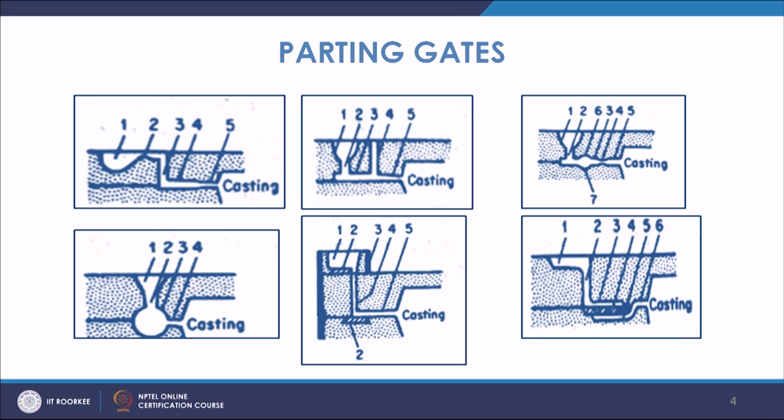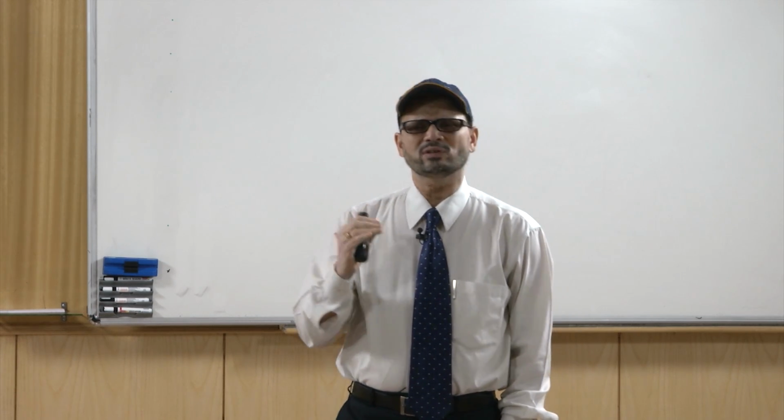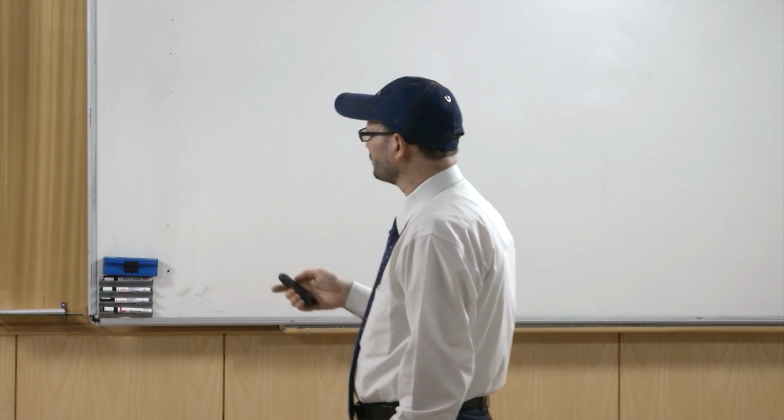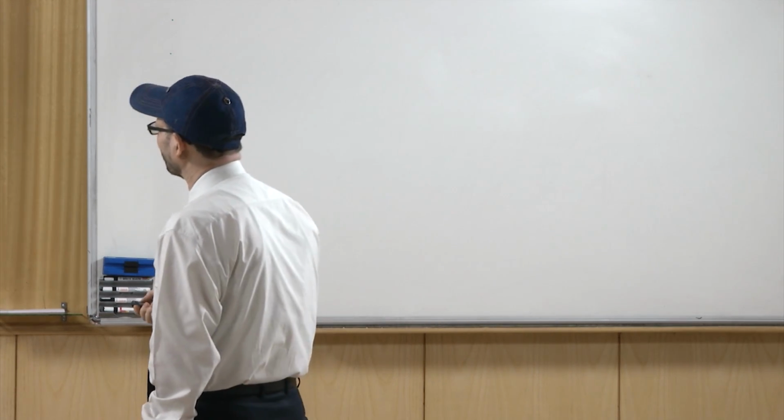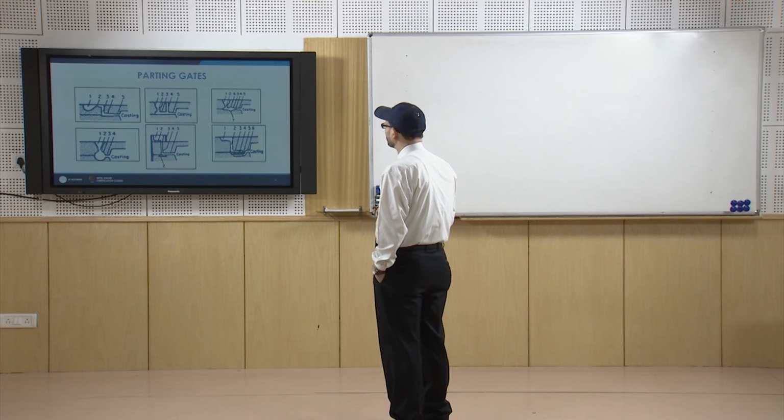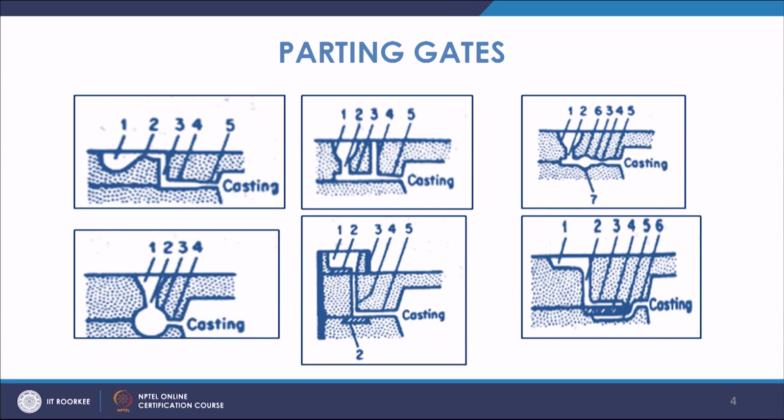You can also use these core inserts. Basically these inserts are made of dry sand cores, so they are stronger and can withstand the impact of the liquid metal. Because the liquid metal falls from a larger height, it may impact here and erode the surface of the sand.